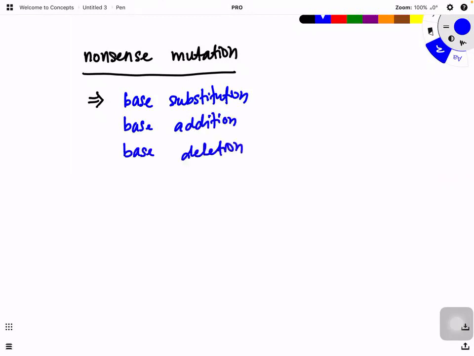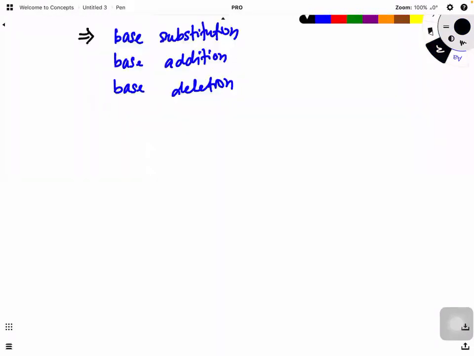So all three types can contribute to nonsense mutation. So what does nonsense mutation mean? It is because of this base substitution, base addition, or base deletion accidentally introducing stop triplets into the gene.